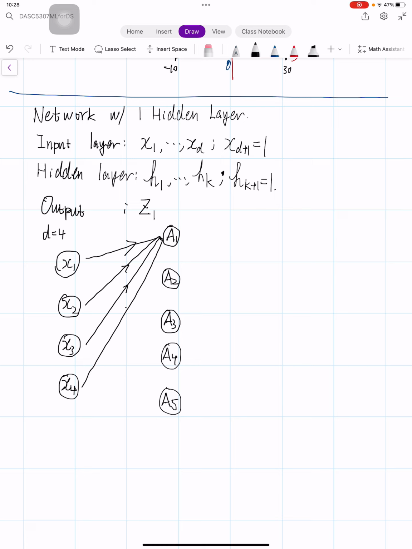So here k equals 5, and A1 is a linear combination of the features, A2 is also a linear combination of all the features, similarly for x3, x4.